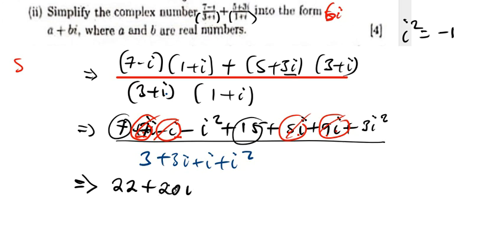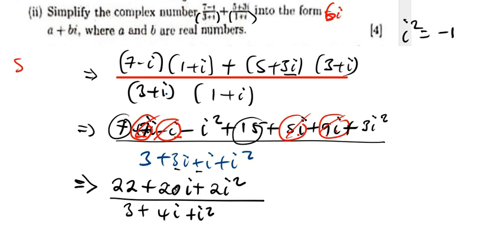Now I'm done with that. The i squared terms, negative i squared and 3i squared, give plus 2i squared. For the denominator, 3 plus those two terms give 4i, then plus i squared.